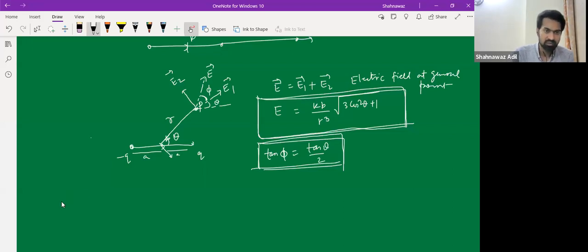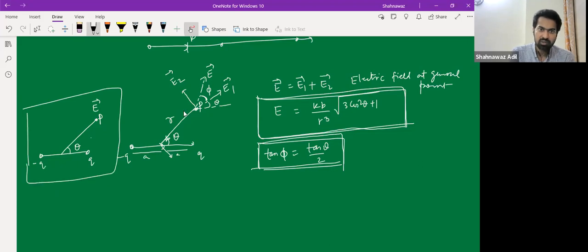So we have this dipole, and we are calculating the electric field at this point. This is the electric field at the general point. Please quickly note down these 2 formulas.